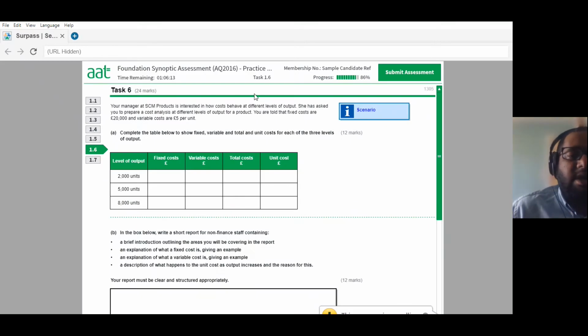Last but not least, they're asking you here, SCM products is interested in how costs behave at different levels of production. She has asked you to prepare a cost analysis at the different levels of output for a product. You're told the fixed costs are £20,000 and variable costs are £5 per unit.